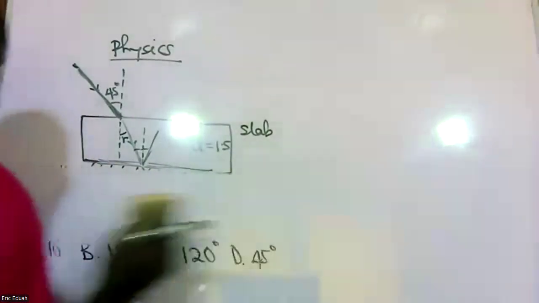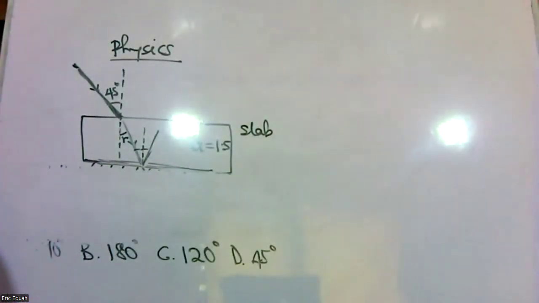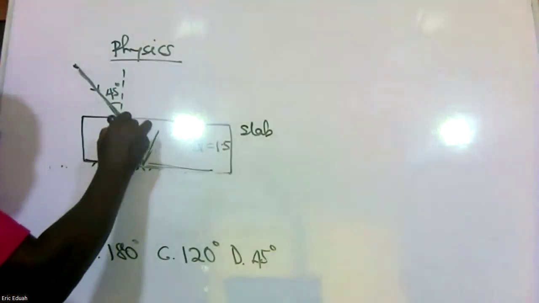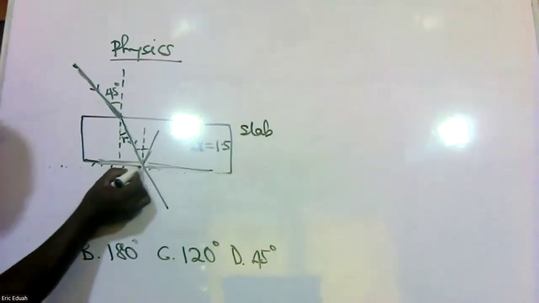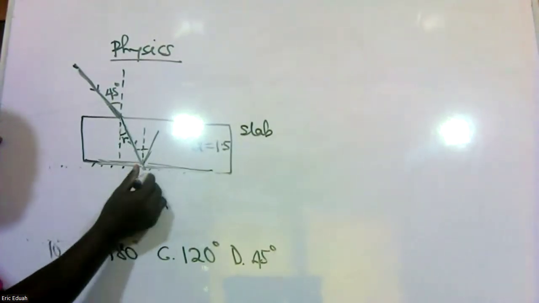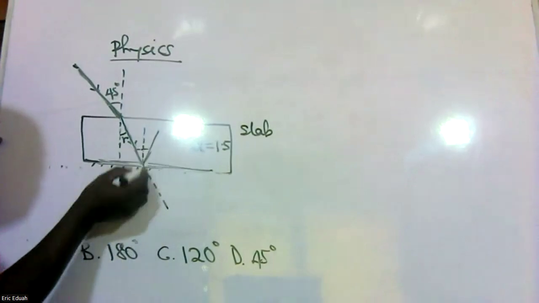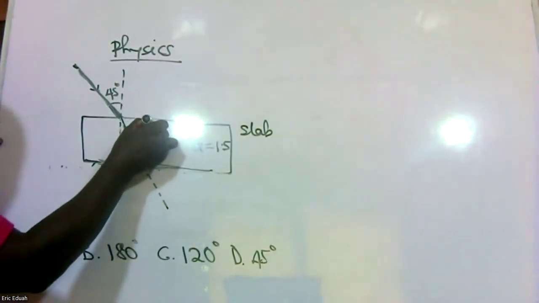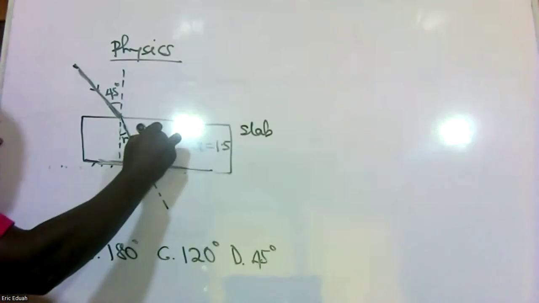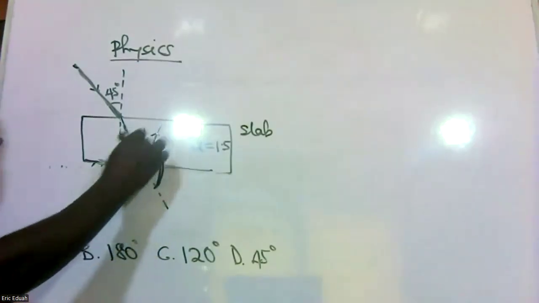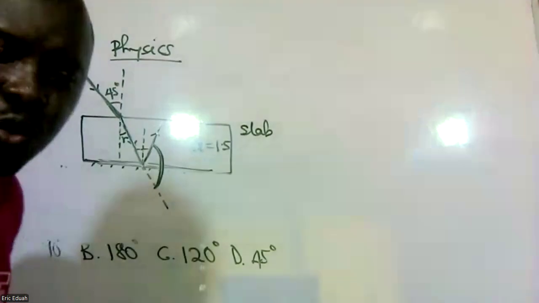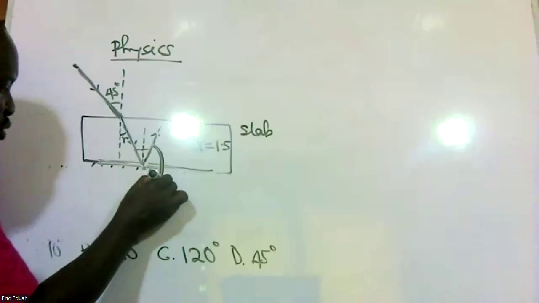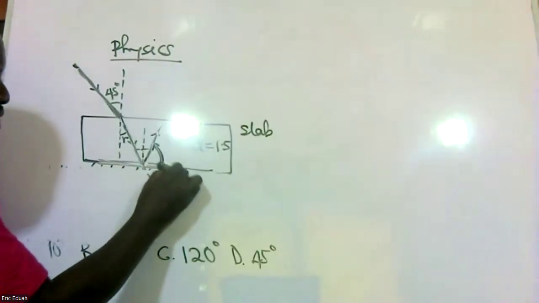What we mean by the angle of deviation is that this ray originally is following this path, but by virtue of its interaction with the mirror, its path is changed from this direction to this direction. So this whole angle is equal to the extent to which the ray is deviated.